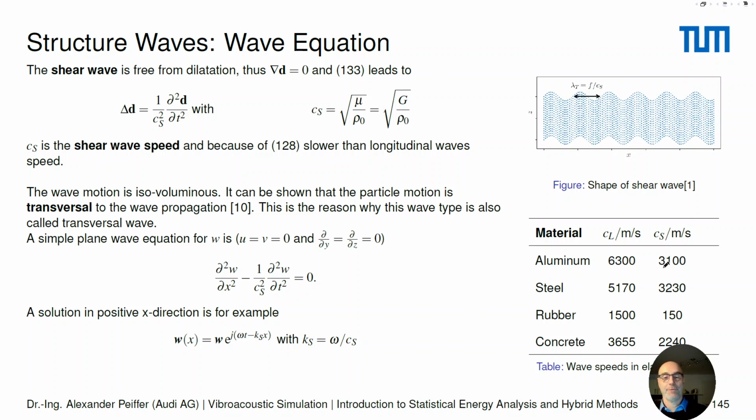You see roughly the shear speed is half of it, depending on the Poisson constant, but usually it's somewhere near half for typical examples. It's slower than the longitudinal wave, but still, if we look at the example for steel at 500 Hertz, it's still a large wavelength, 6.4 meter. That's still too big to be considered in a small system like a car or whatever. Good, so much for solid waves in the bulk material.